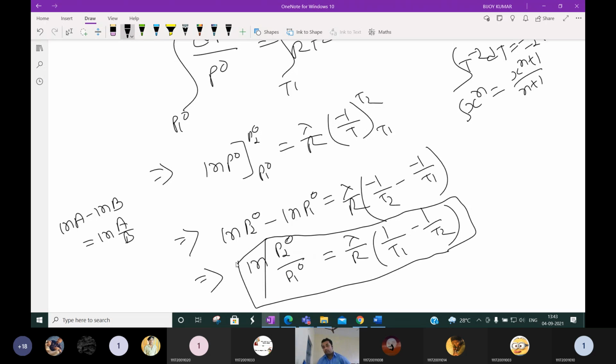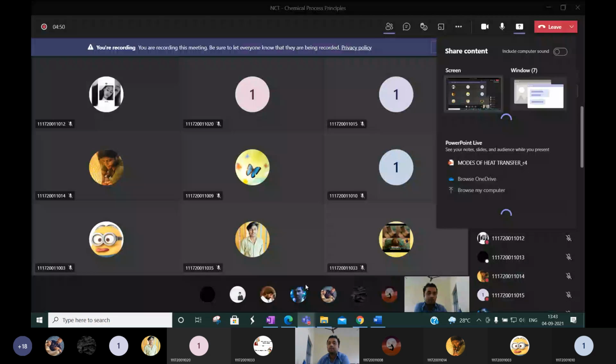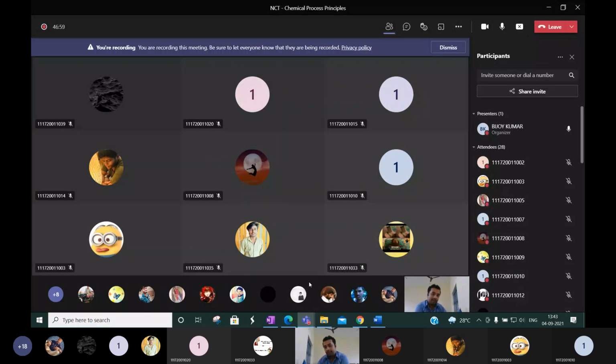Okay, can anyone say what is the importance of the Clausius-Clapeyron equation? Roll number 3. Gives free energy to find out. Gives free energy? In the first time I am hearing this word, gives free energy.